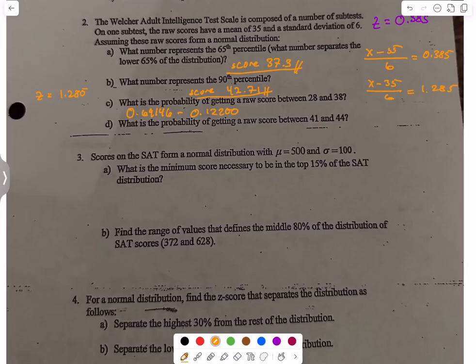Okay. So this is an approximation. It's not 100% there, but we're pretty close. It should be pretty much there. Okay, so probability.